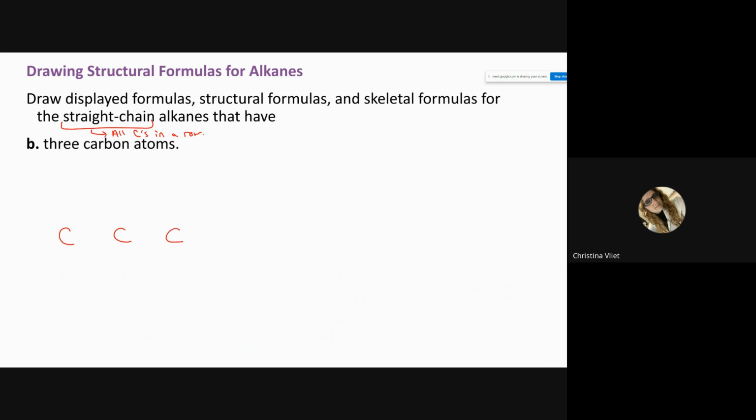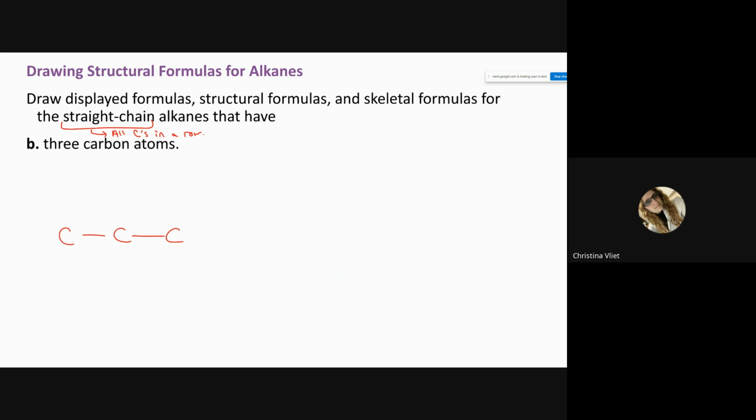So go like this. Carbon, carbon, carbon, and connectors, because they're bonded to each other, right? So after we have that, what do we do for the display structure? If the element isn't carbon, what is it? For hydrocarbons. These alkanes are hydrocarbons.